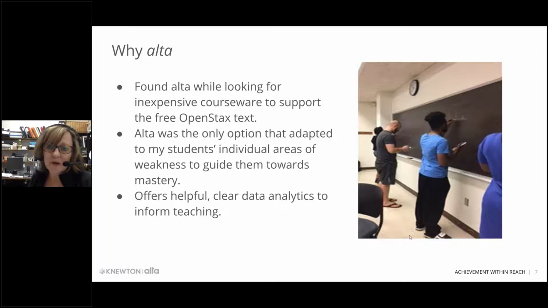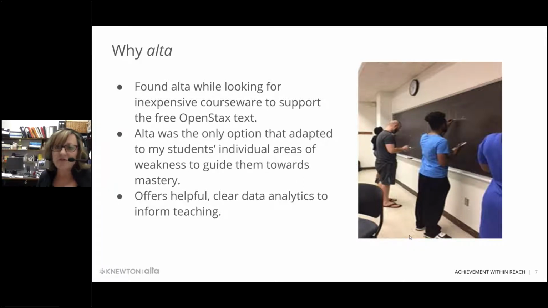I remember one day I walked into a pre-calculus class and none of my students had a textbook. So I walked over to the bookstore after that and took a look, and our pre-calc book was $200, and our students just couldn't afford it. That's when I started to look at open ed resources.